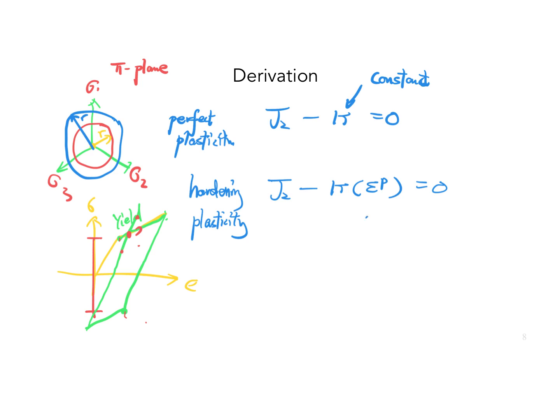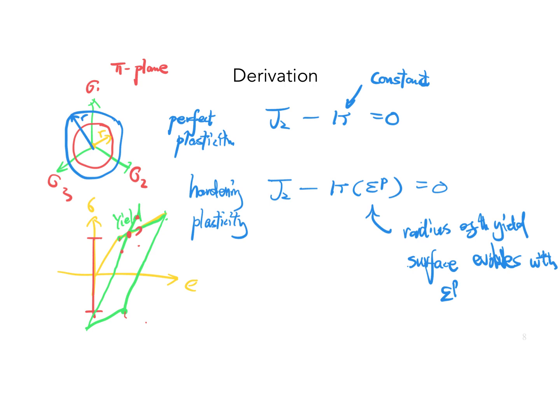Here the radius of the yield surface actually evolves with epsilon p.